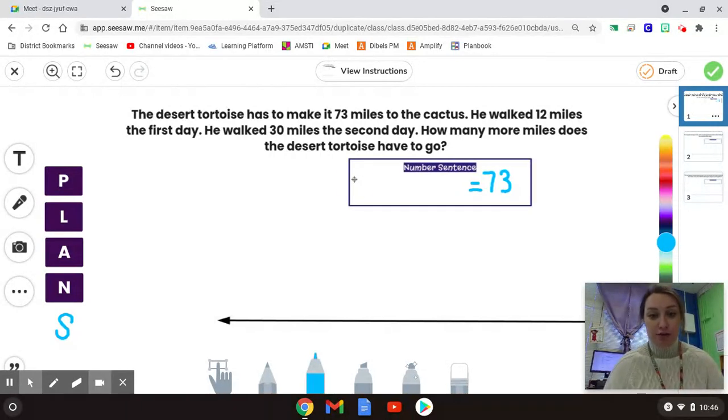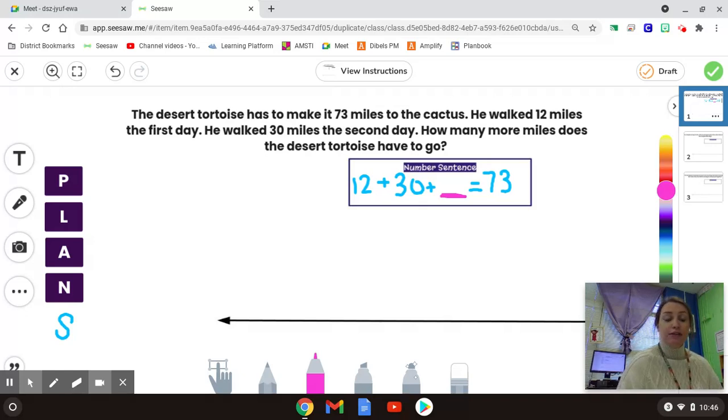So I know he's walked 12 plus 30 plus something. We have a missing number here. So we're going to have to move this number sentence around a little bit to get it where we need it to be.